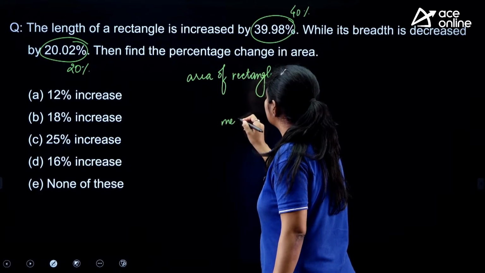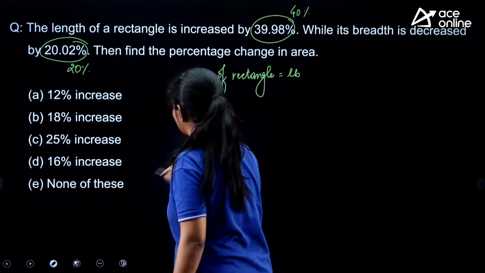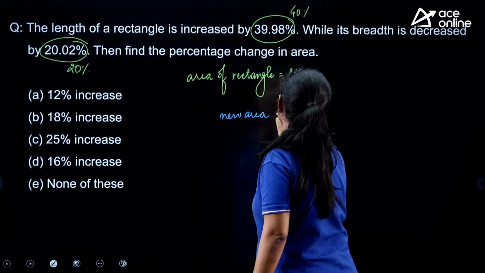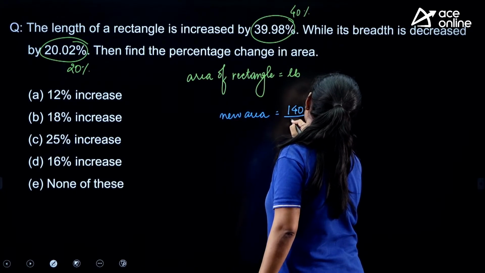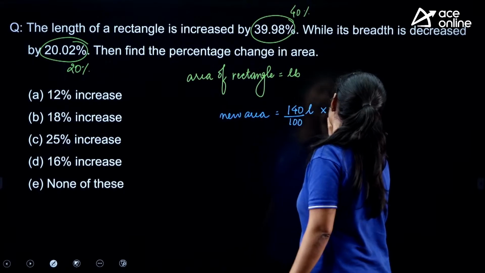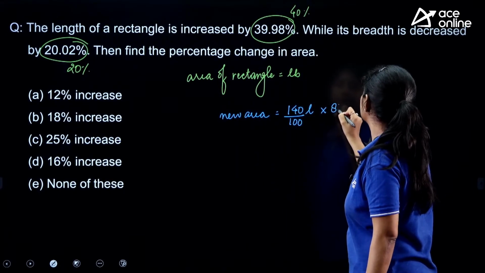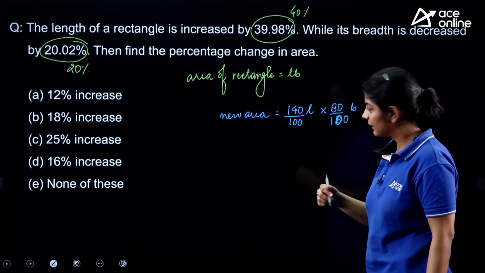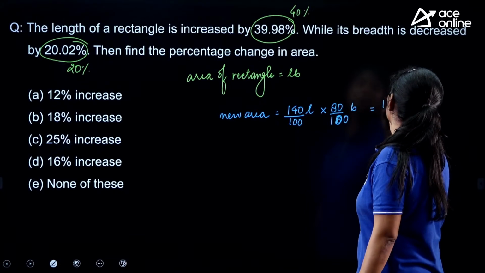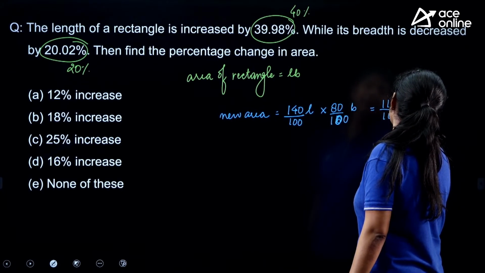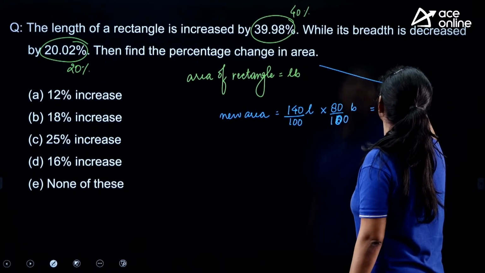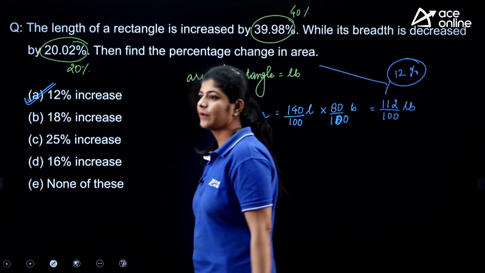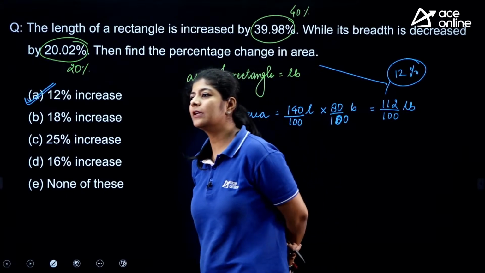So the new area is 140% length multiplied by 80% breadth, right? If I solve this, I'll get 112 by 100 LB, and there's a change of 12% and the area is increased. Option number A is the correct one.